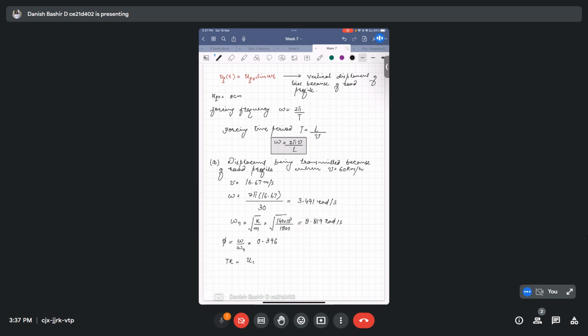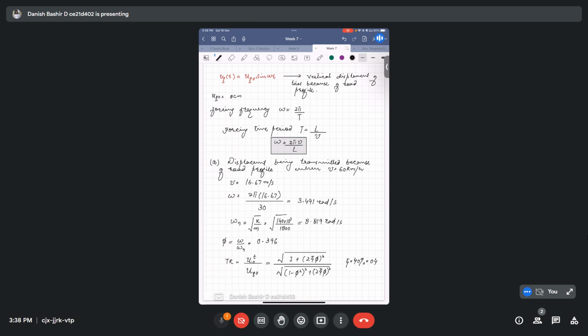Now that we have all the data required for the transmissibility ratio TR, as I already told you, we can rewrite it for displacement as well. Transmitted displacement divided by offered displacement ug naught will be equal to the square root of (1 plus (2 zeta phi) squared) divided by ((1 minus phi squared) squared plus (2 zeta phi) squared), and we have a damping ratio of 40%, 0.4.